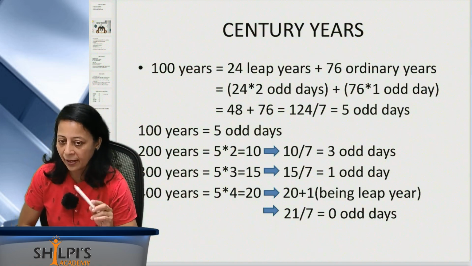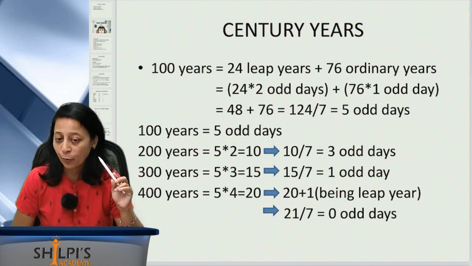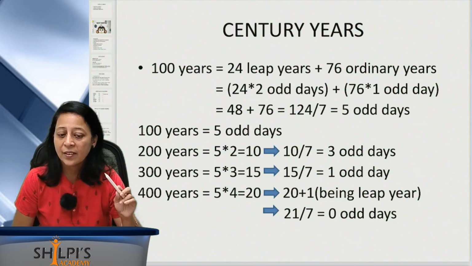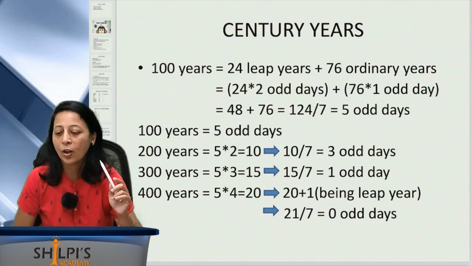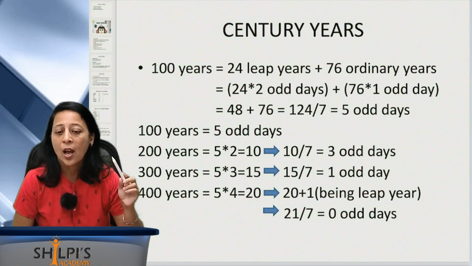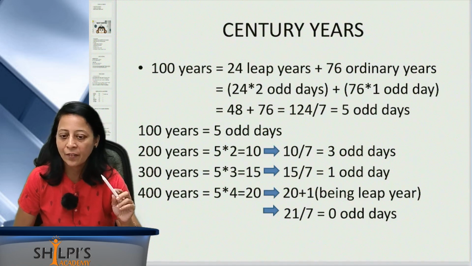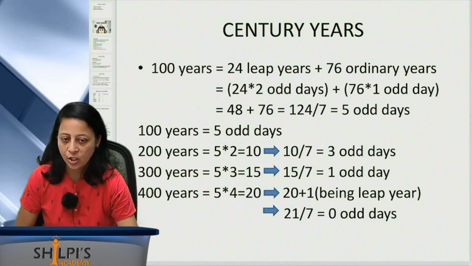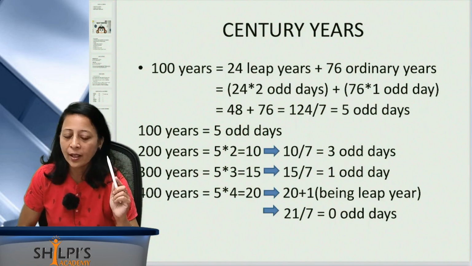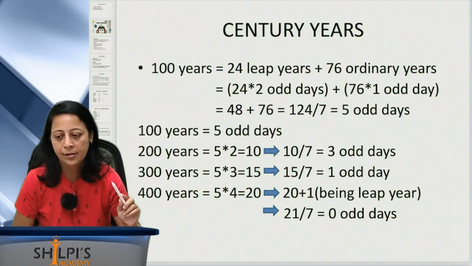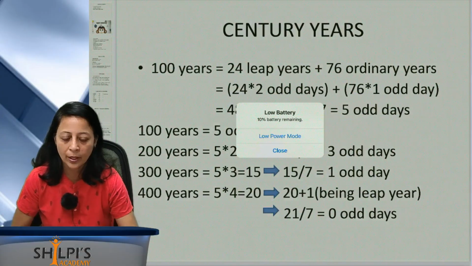In 100 years, you have 24 leap years and 76 ordinary years. So leap year means how many odd days? 2 odd days. So in 24 years, you will have 2 odd days each, and in 76 ordinary years, it is 1 odd day for each of the 76 years, okay, which are ordinary years.